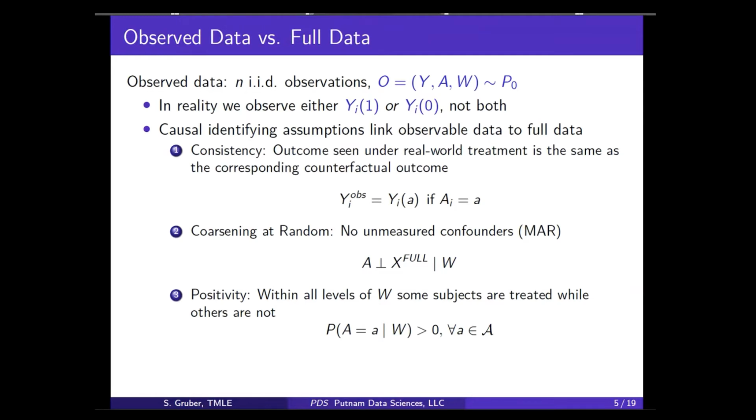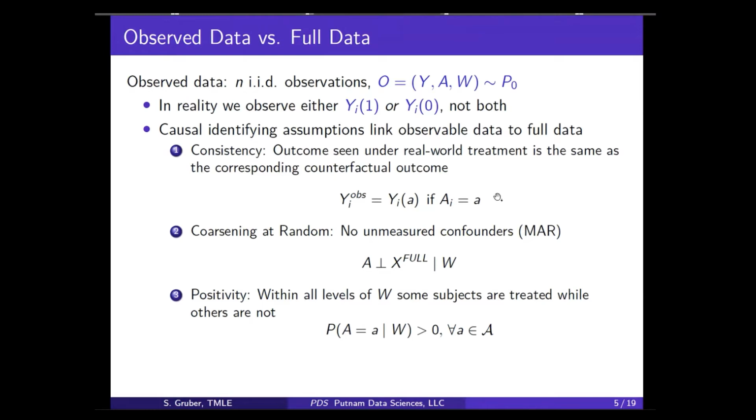Or somebody stops taking the Plavix even though you assigned them to have the Plavix. You might still be able to measure, did they have an MI or a stroke? You might be able to see that, but it's not actually the outcome that they would have had they actually stayed on the Plavix and aspirin like they were assigned to.